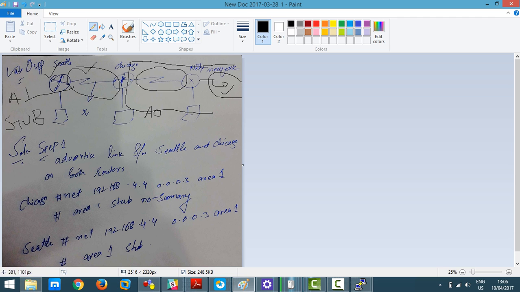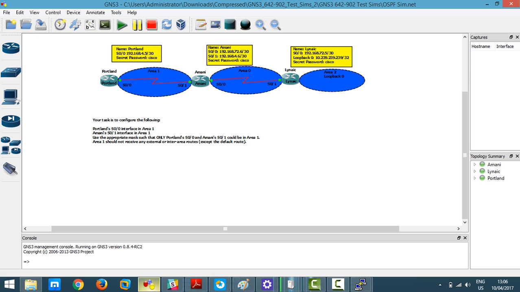I solved it on my paper as well and put it here: advertise the link between the two routers, and I did it here. Then one very simple step is remaining.